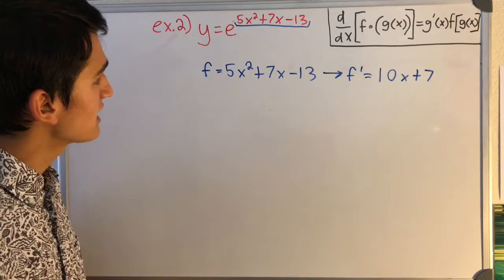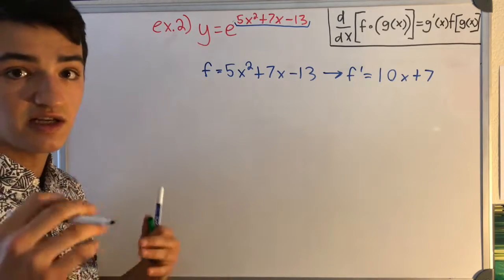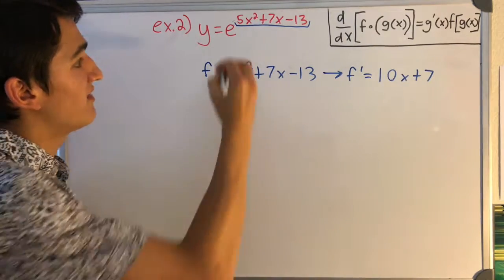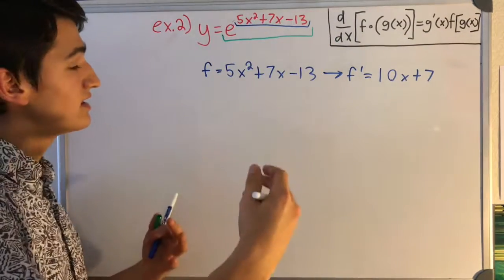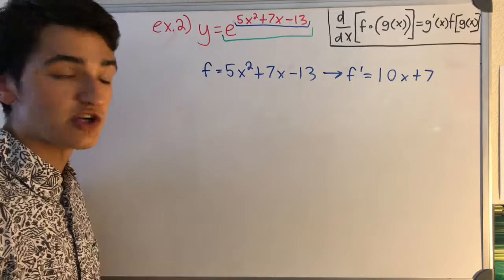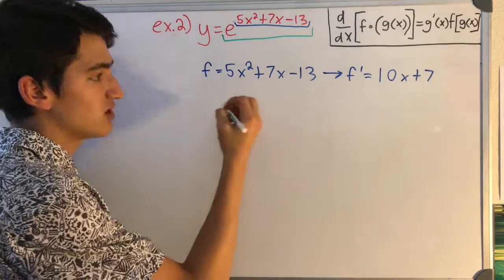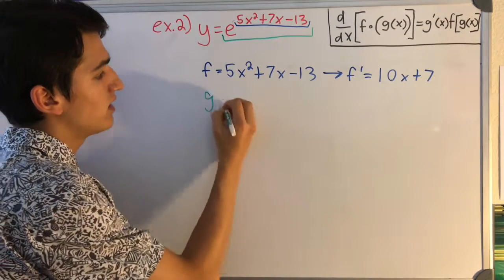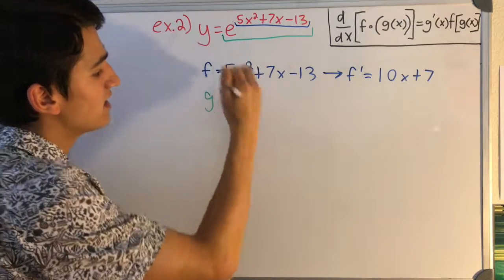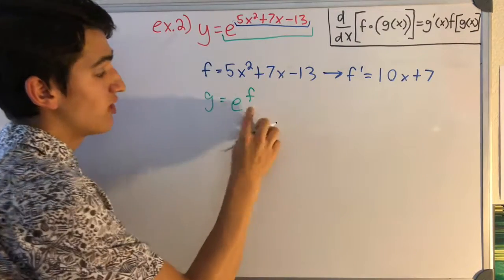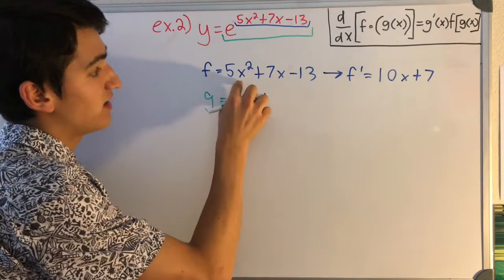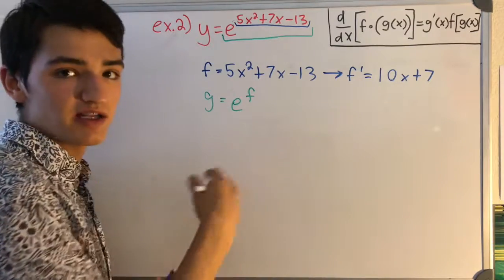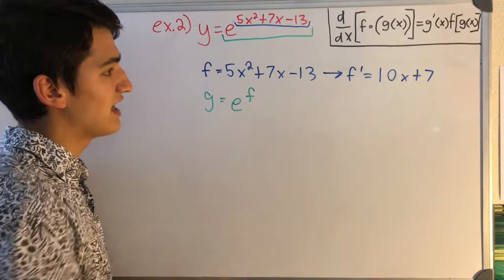Moving on to the next one, the next function that contains the first function is this e to the f function. We'll just call it g, and that just equals e to our first function right here. It equals e to the f, or e to the 5x squared plus 7x minus 13. So that's just e to the f.